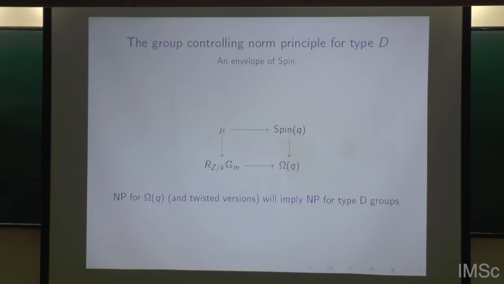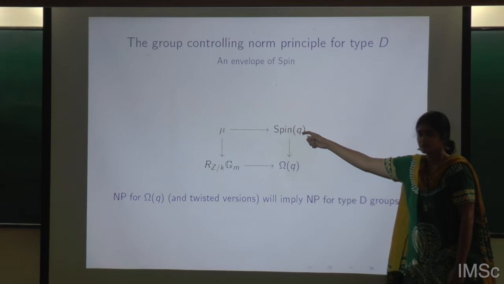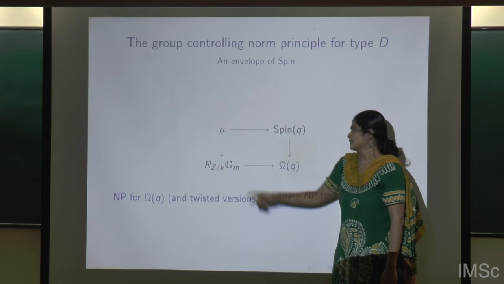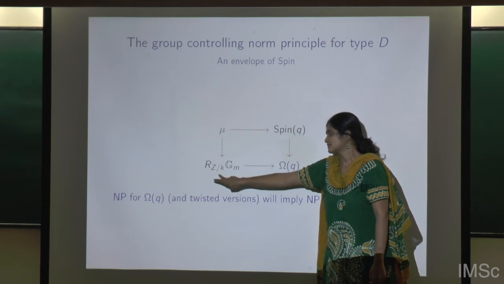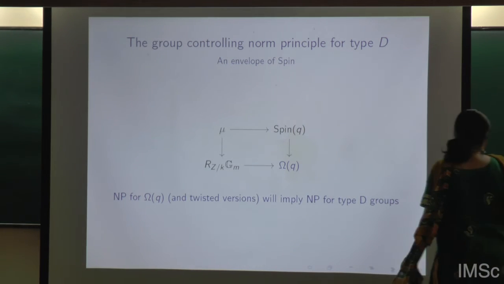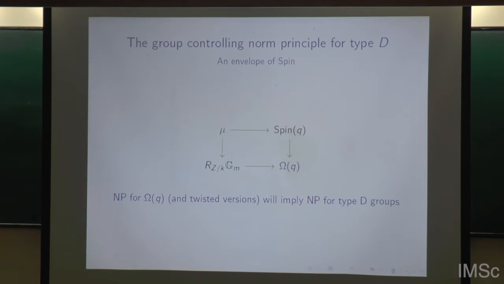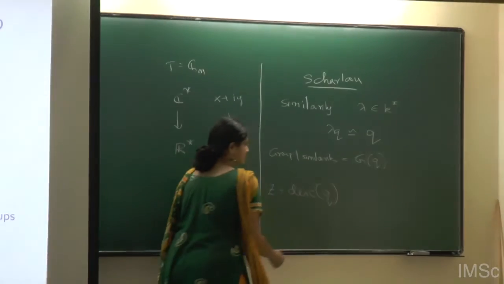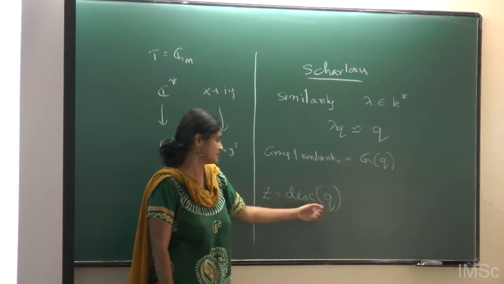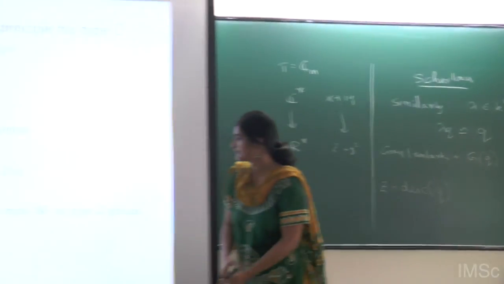Okay, so now for type D, what is the group which controls the norm principle? It has a name. You take spin, which is a double cover of O, and you take its center, so you have mu sitting inside spin. You embed your center inside this torus, which is called the quasi-trivial torus, where Z is just the discriminant of Q. It's the signed determinant; for a quadratic form, you take the product of the scalars, and the discriminant is that signed appropriately.